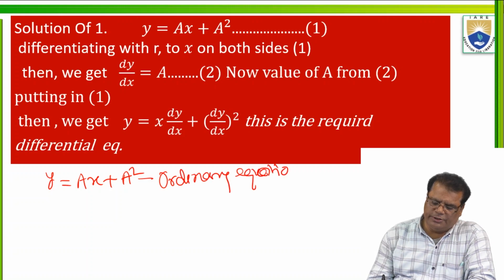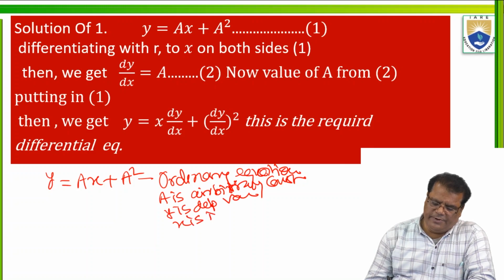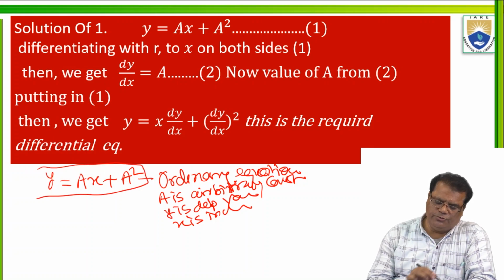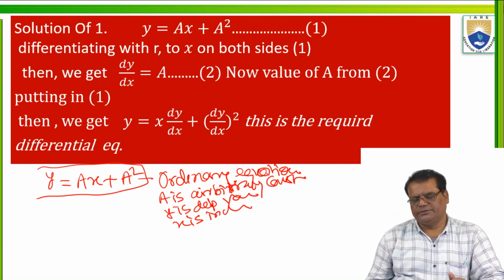In this equation, a is an arbitrary constant, y is the dependent variable and x is the independent variable. So this is an ordinary equation. Now how can we form a differential equation from this?